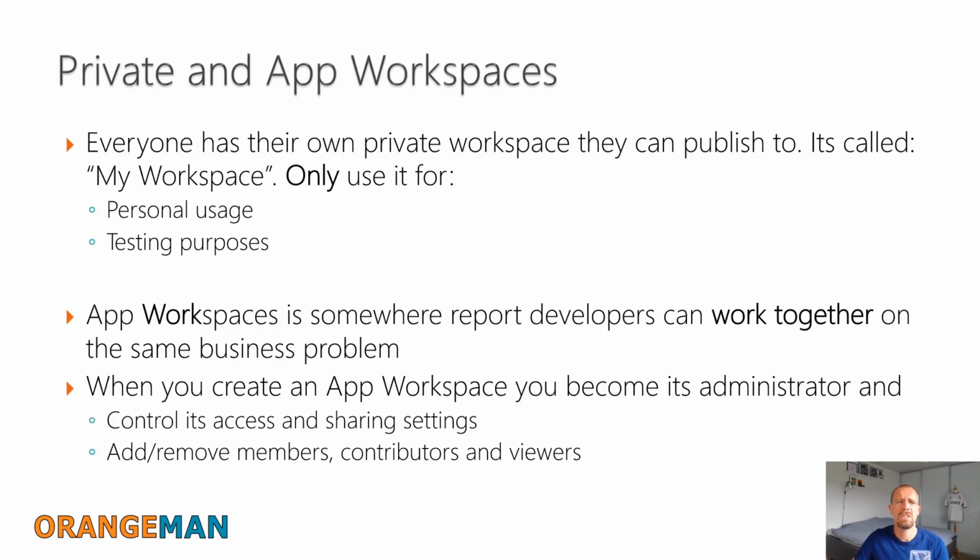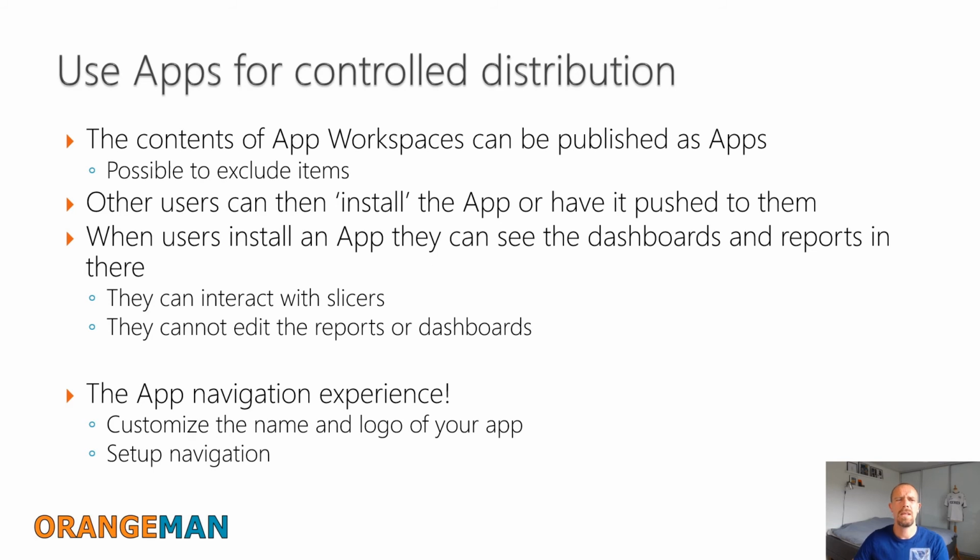One way is to use app workspaces when you publish it, because it is really a recommended practice to use an app workspace and not publish into your private or My Workspace. App workspaces you can then publish as an app where you can give people access, and with this approach you get much more control of your distribution of your content, because now you have your workspaces and your apps as separate entities.